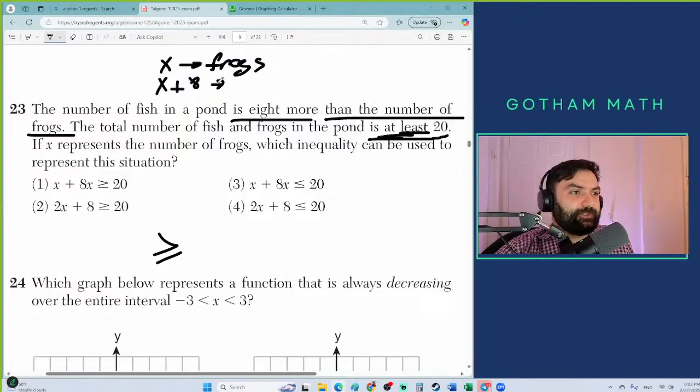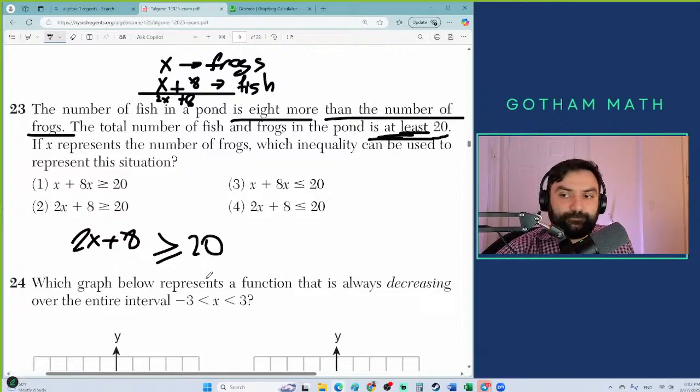That's fish. And together, how are they together? Together is when we add them. X plus x is 2x, and just 8 has to come along. So 2x plus 8 is at least, so it means greater or equals to 20. And this is it.